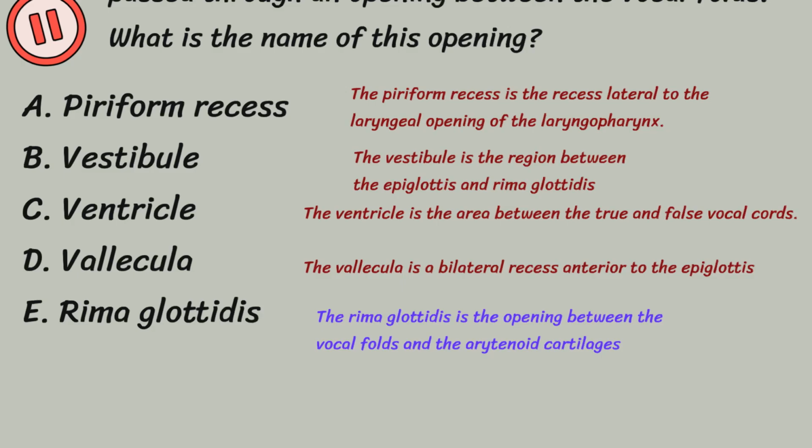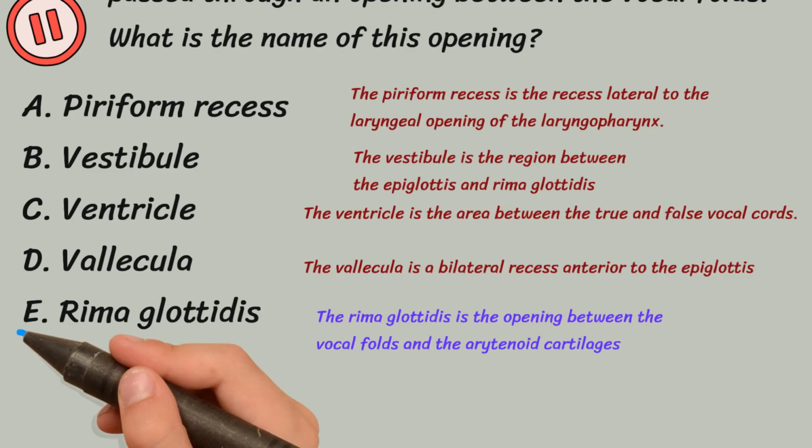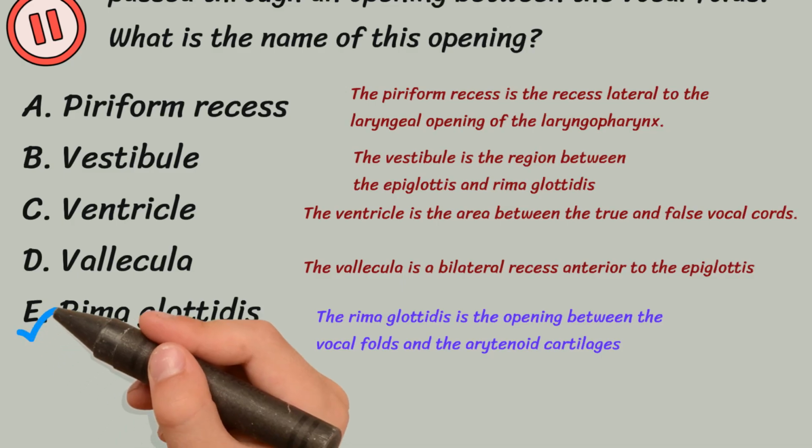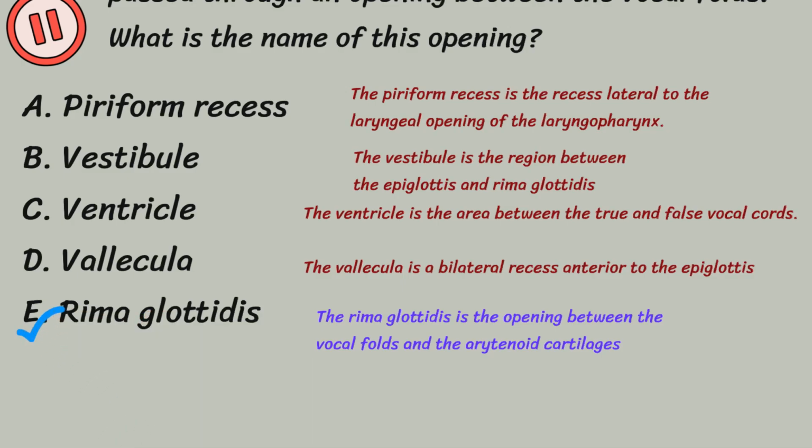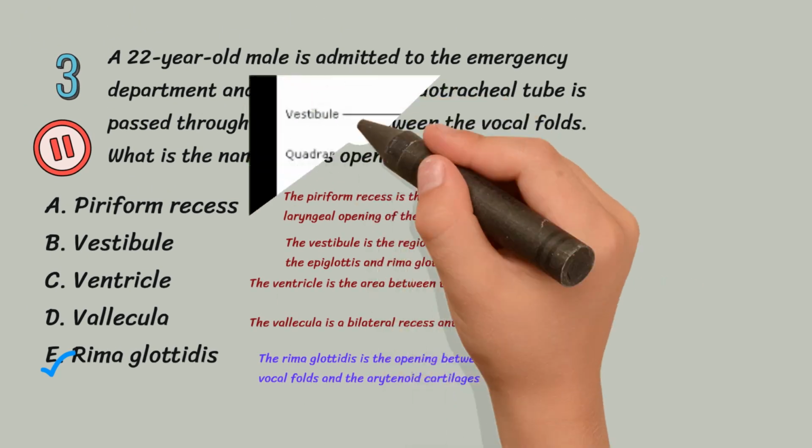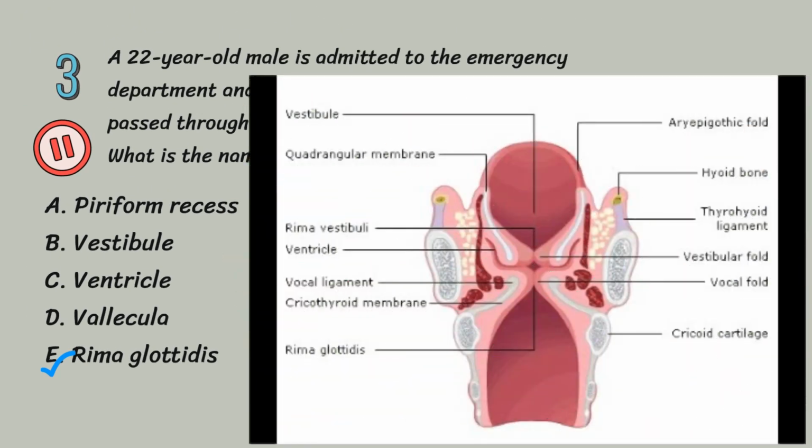Rima glottidis is the opening between the true vocal cords here. So the right answer is this one, E. If you need to know about this, you can review your summary books or this part of the picture.